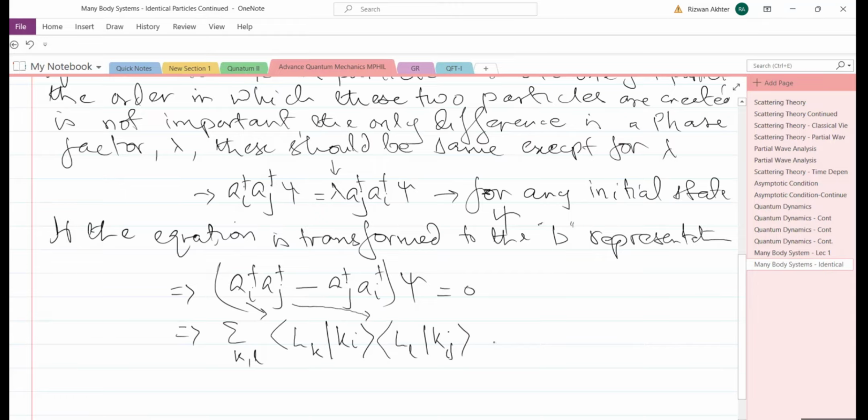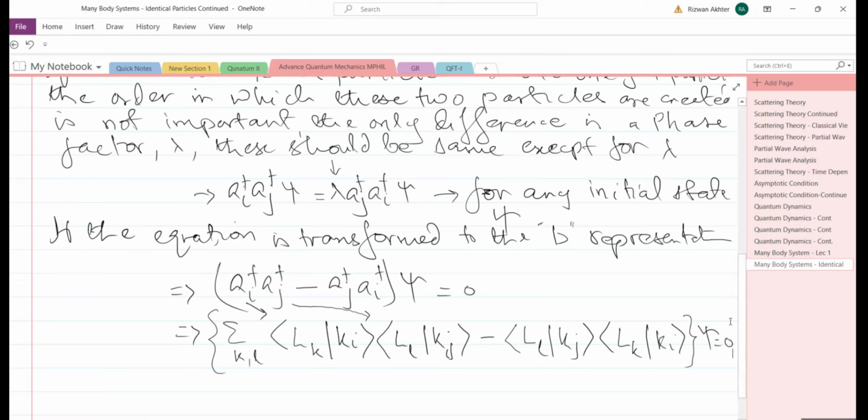Then we have, and also for this, I just put a minus sign in between. Then we write for the other one, that is for the jth, so that would be L_l k j, and then we have the first one, L k K i, and we have psi here equals to 0.